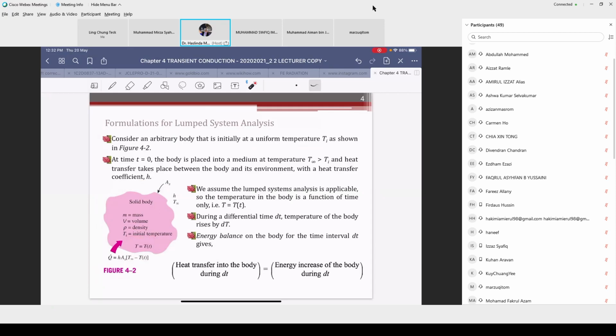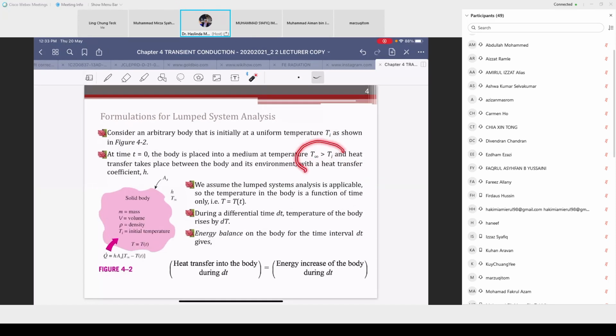At time t equals 0, the body is placed in a medium at temperature T surroundings, or a liquid or fluid temperature near the body, T infinity greater than Ti. Of course, if this happens, the heat will transfer into the body because T infinity is greater than the initial temperature. Right?